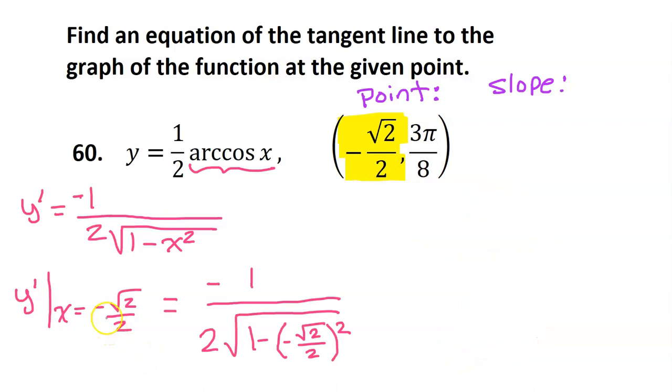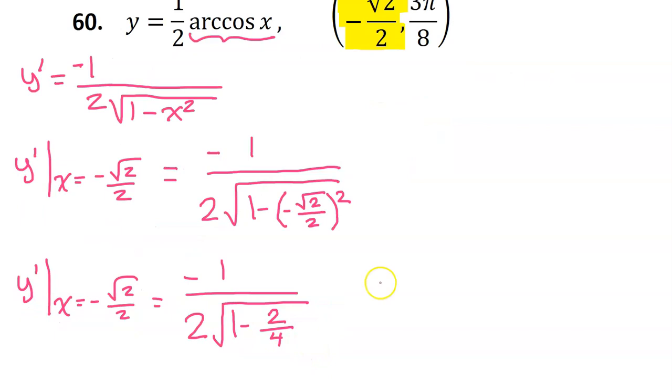So I am substituting -2 over 2 in for x, and this is what I get. If you square something that's negative, you're going to get a positive. So this negative will go away. Squaring the numerator and the denominator, I will get a regular 2 over 4. So now I have this.